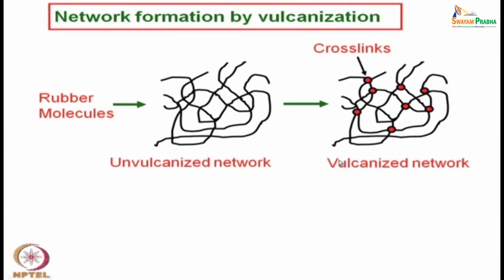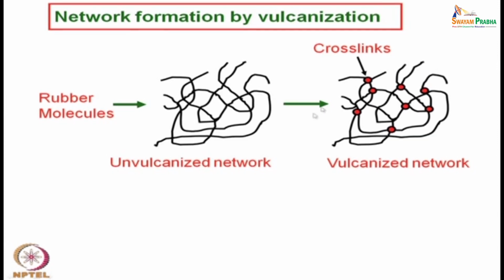Now, you just look into the network, the 3-dimensional network which is supposed to be formed. Before vulcanization, rubber molecules can be viewed in this entangled or coiled configuration, it is an unvulcanized network you can say. Now, on reaction with sulfur, accelerator and accelerator activator, what happens?